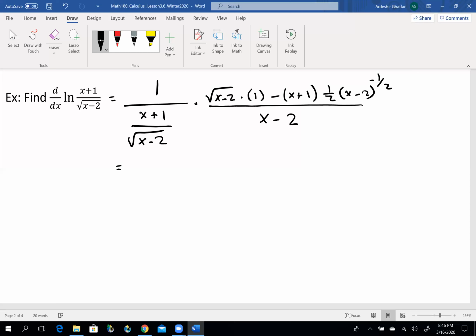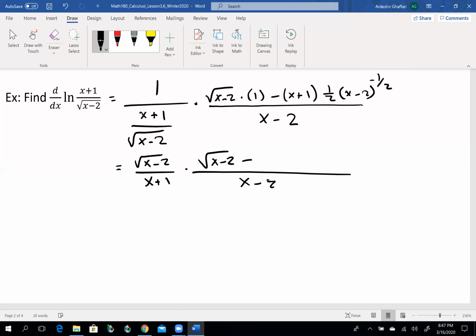So it's going to be a square root of x minus 2 over x plus 1 times, so a square root of x minus 2 times 1 is just a square root of x minus 2, and then minus, okay, so since this is 1/2 times x minus 2 to the power of negative 1/2, I'm going to bring this to the denominator.